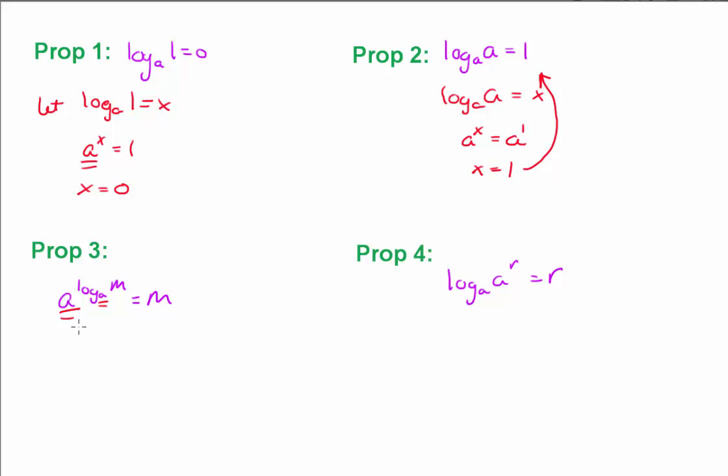And when that occurs, your log and exponent are essentially canceling out, so that all that remains is what you're taking the log of. Similarly, with property number 4, notice how the base of the log is a, and what you're taking the log of has a base a, so then this simply becomes r.